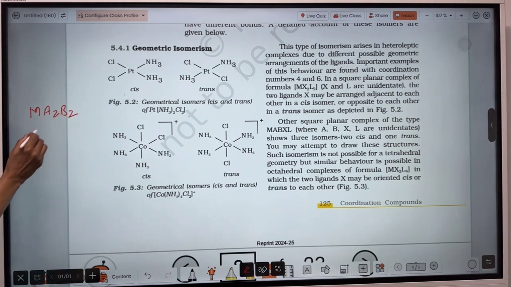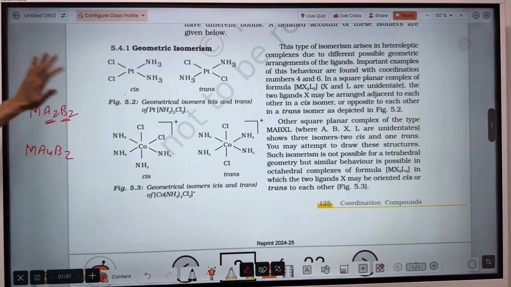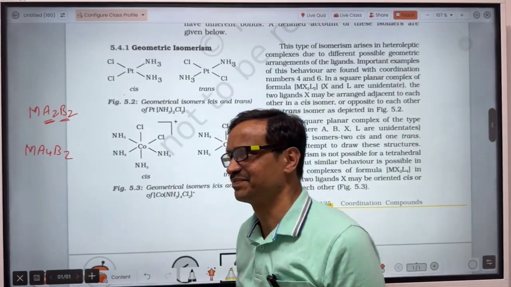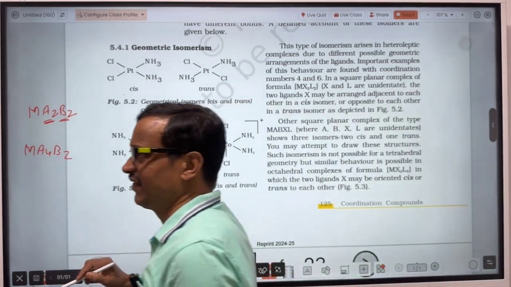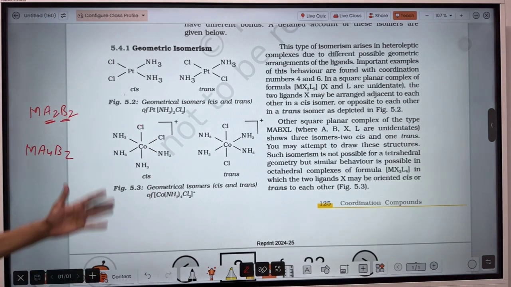That means two atoms or ions of the same type and the other two of the same type. Now here in the Ma4B2 type, it is also very easy to predict cis and trans. If the ones above and below are different, then cis, and if same, then trans.